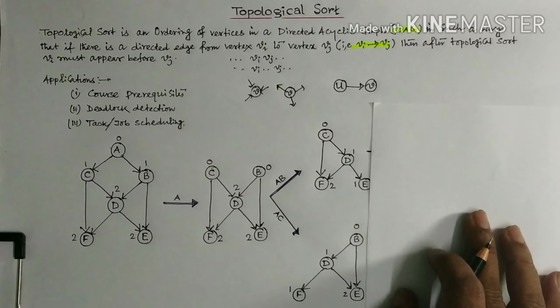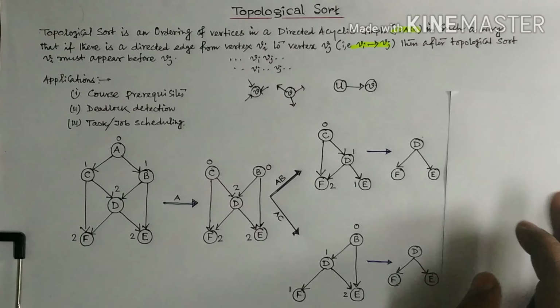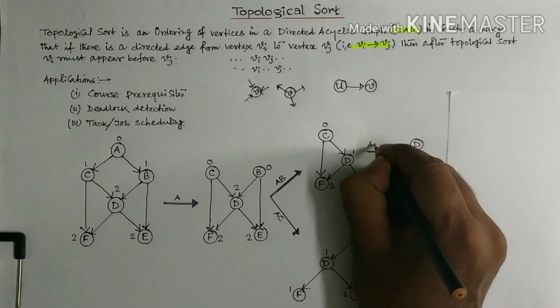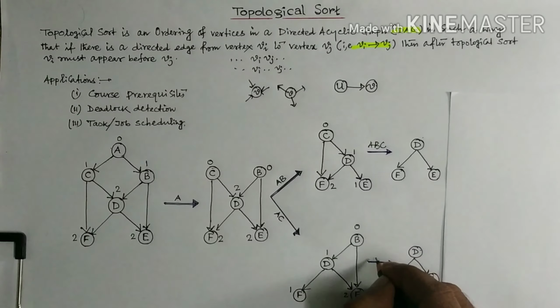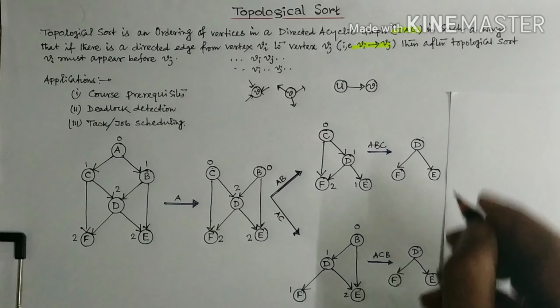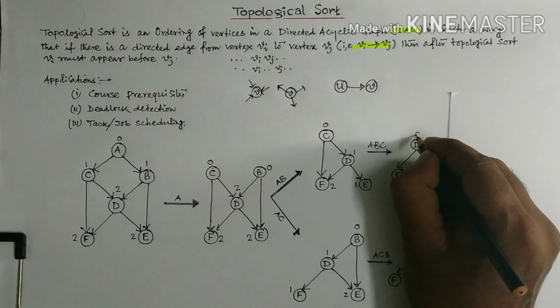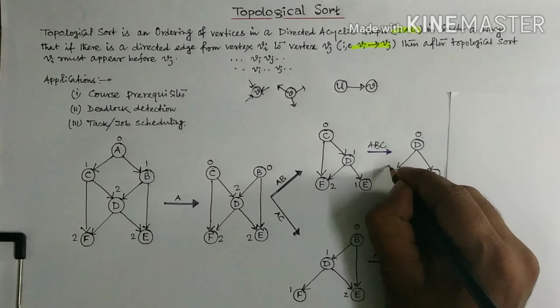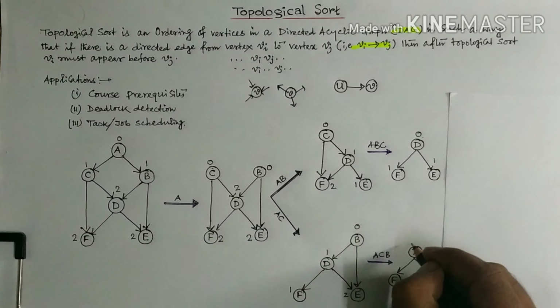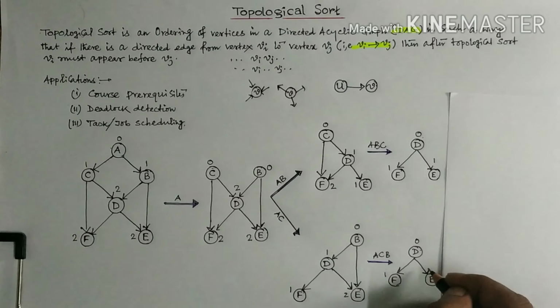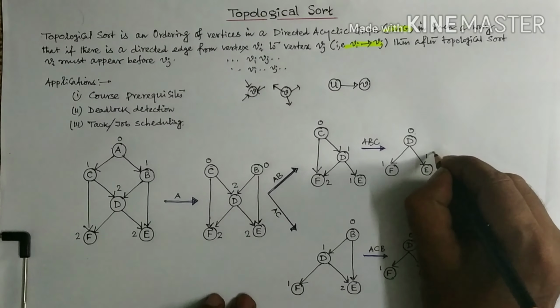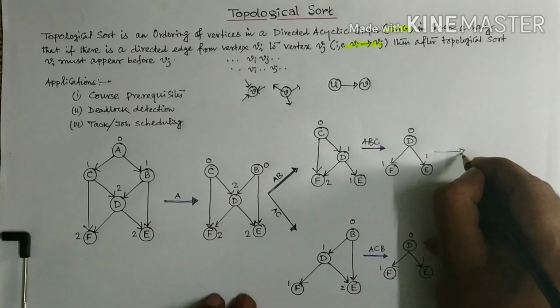So now the graph becomes like this. Again update the in-degree of each vertex. So this is 0, this is 1, this is 1, this is 0, this is 1, this is 1. In the next step, delete node D.